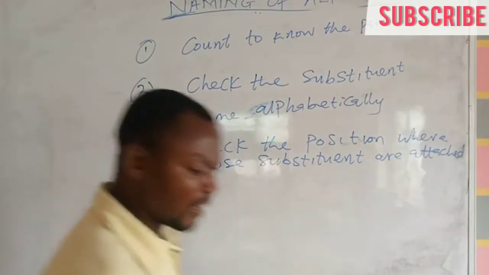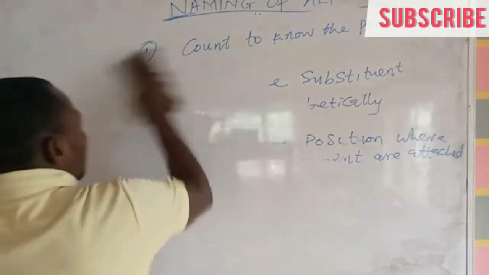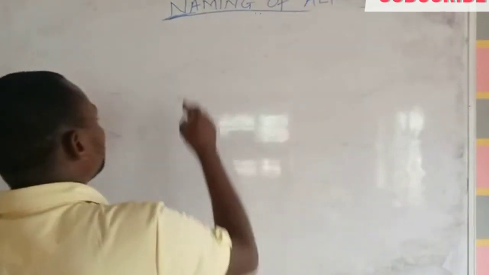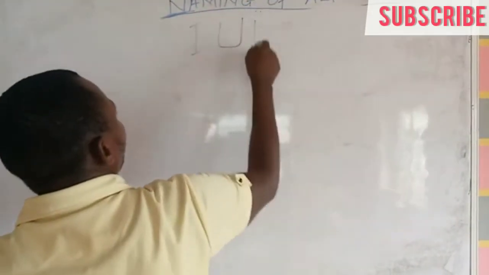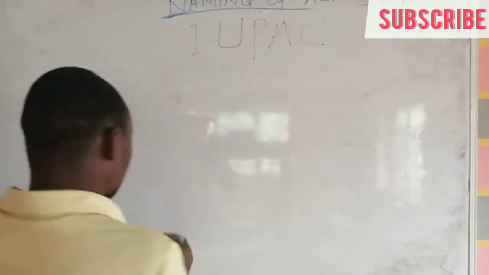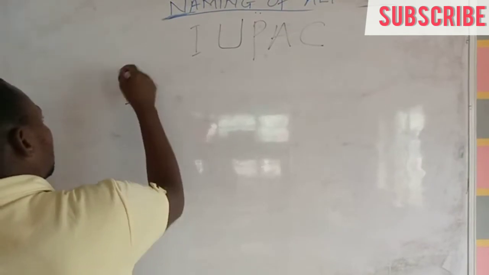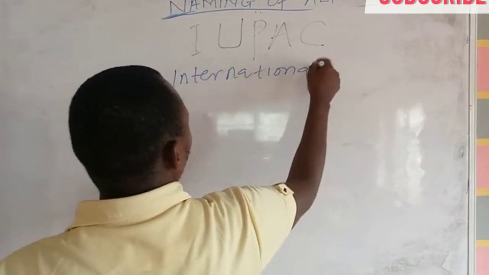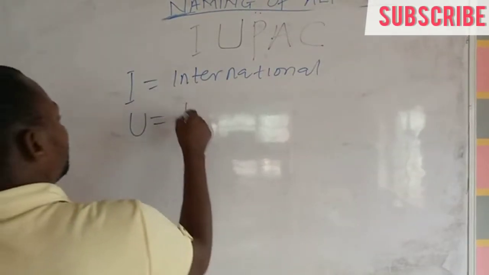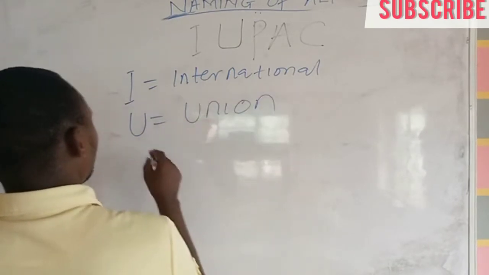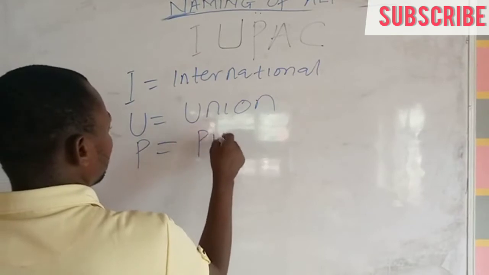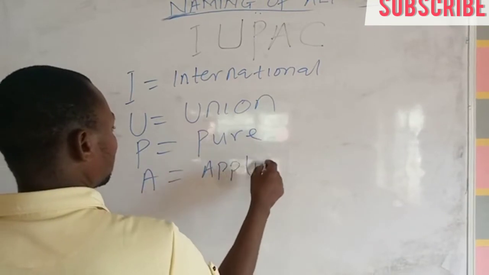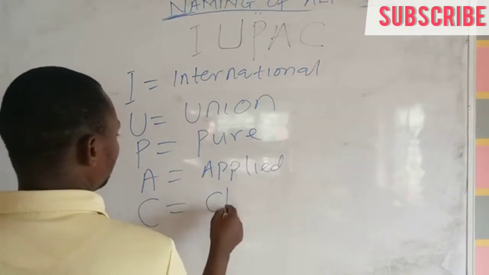I stands for International, U stands for Union, P stands for Pure, A stands for Applied, and C stands for Chemistry.